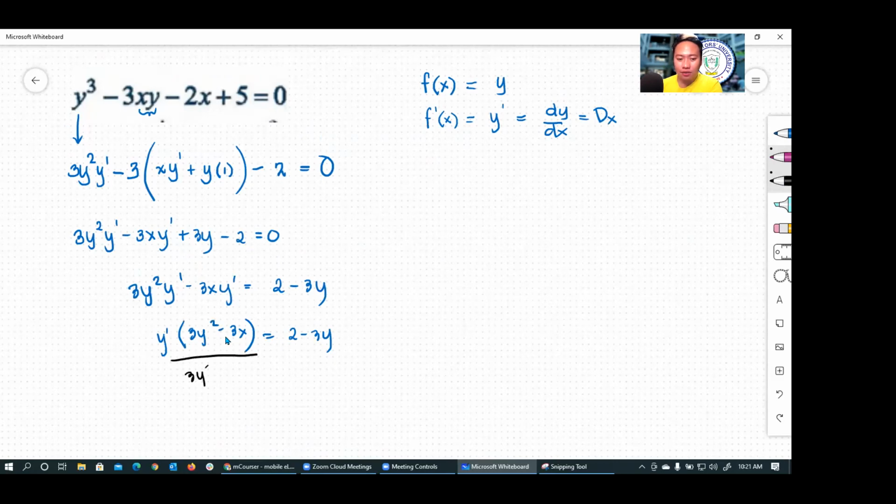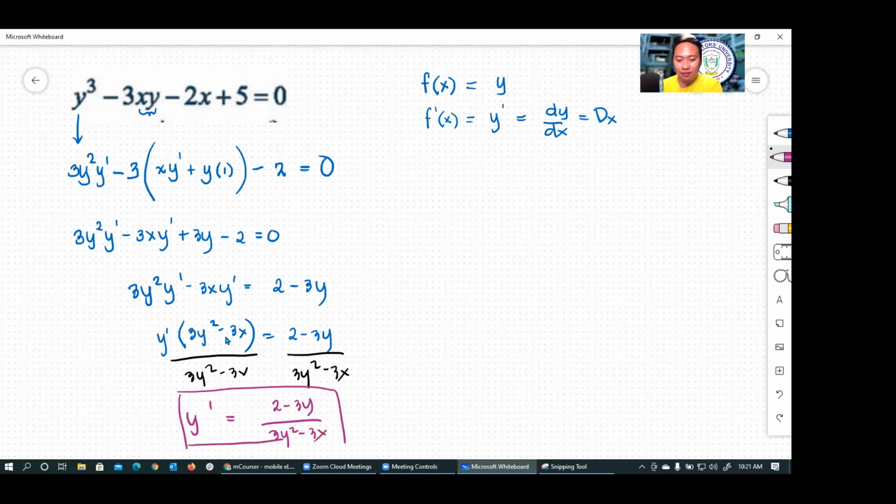So 3y squared minus 3x over 3y squared minus 3x. And then finally, we have y prime equals (2 minus 3y) over (3y squared minus 3x). And that's your answer. That's how you solve the derivative implicitly.